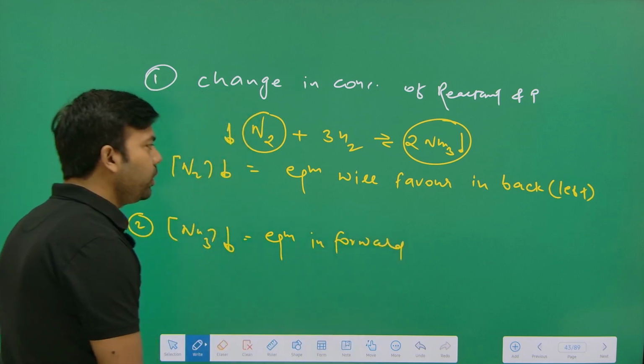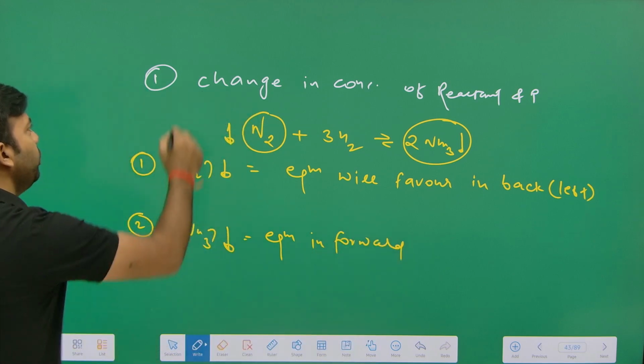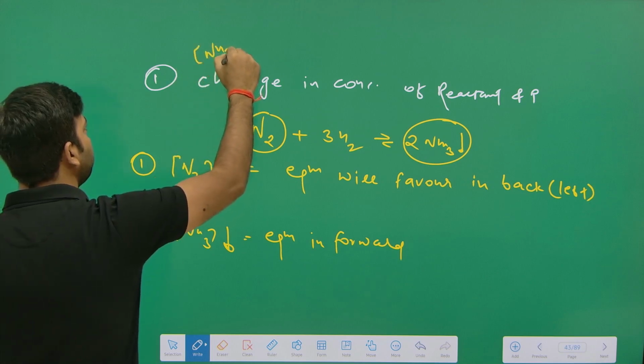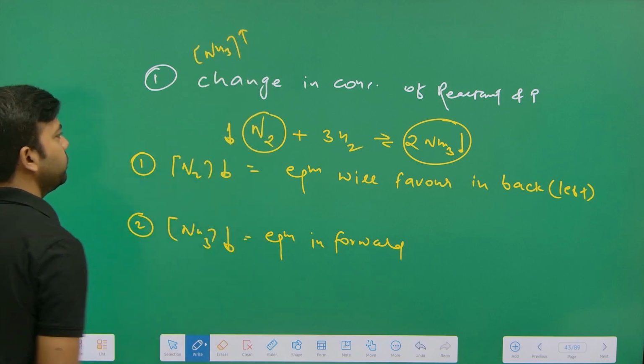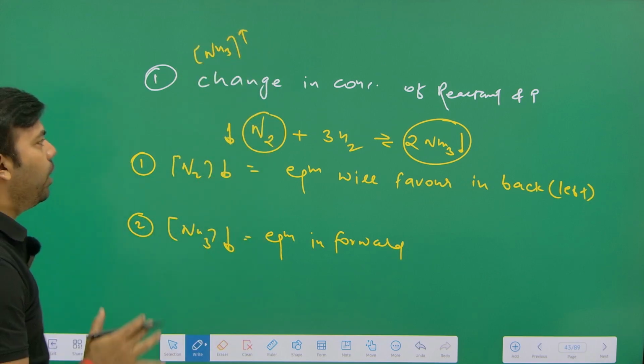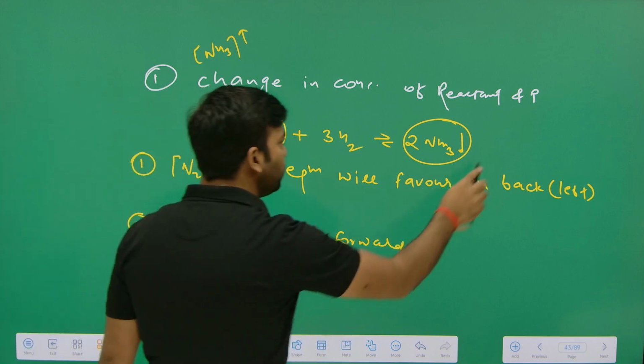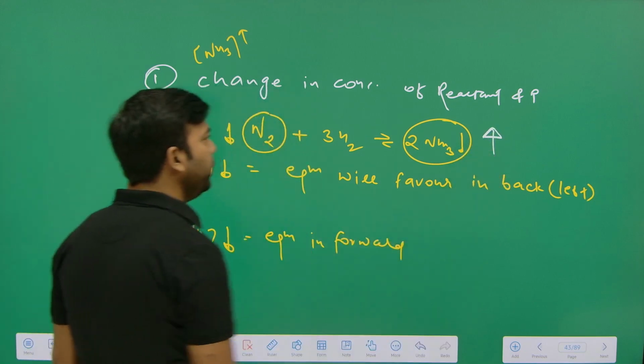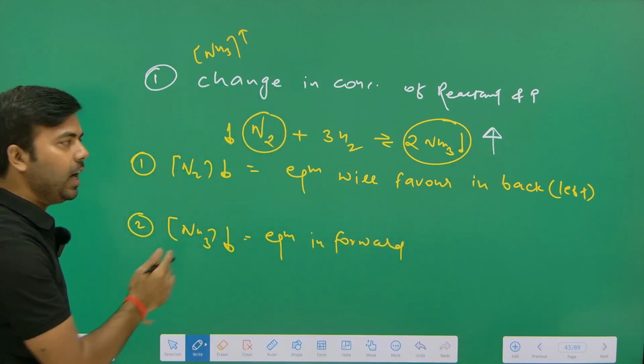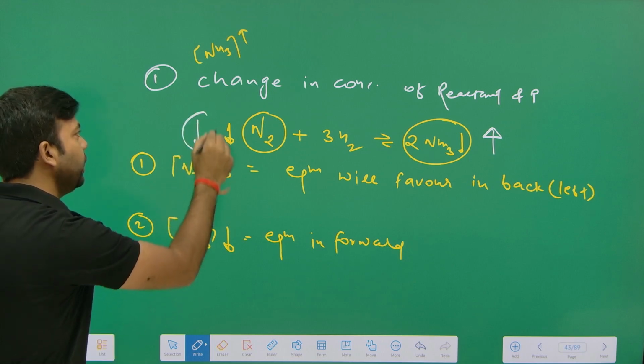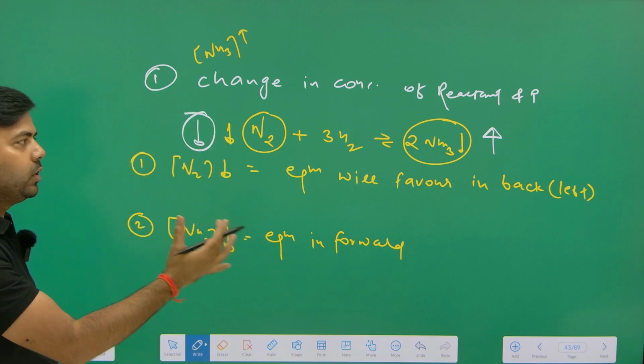Suppose I ask what should be the direction of equilibrium when ammonia is increasing. Third question. If ammonia is increasing, it means N2, the reactant, decreases. Clear? And I said that equilibrium will favor towards the lower one.